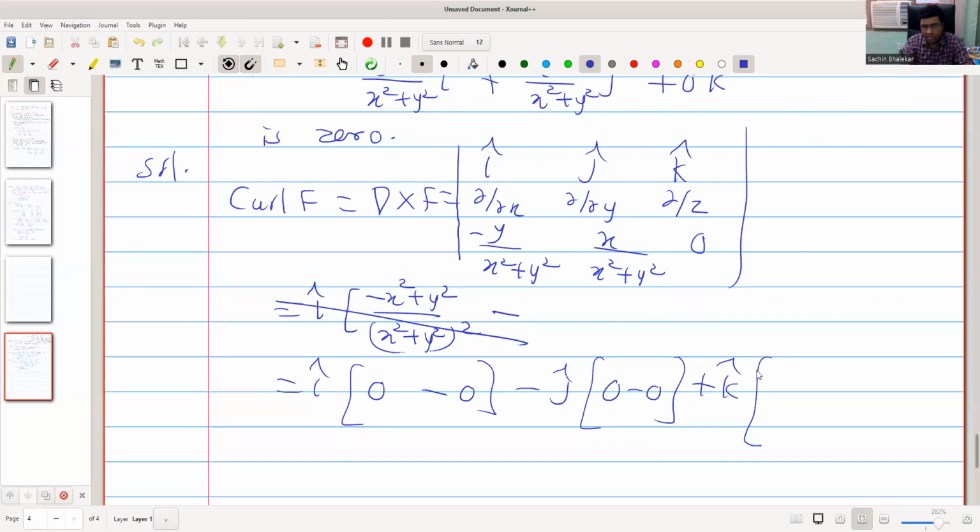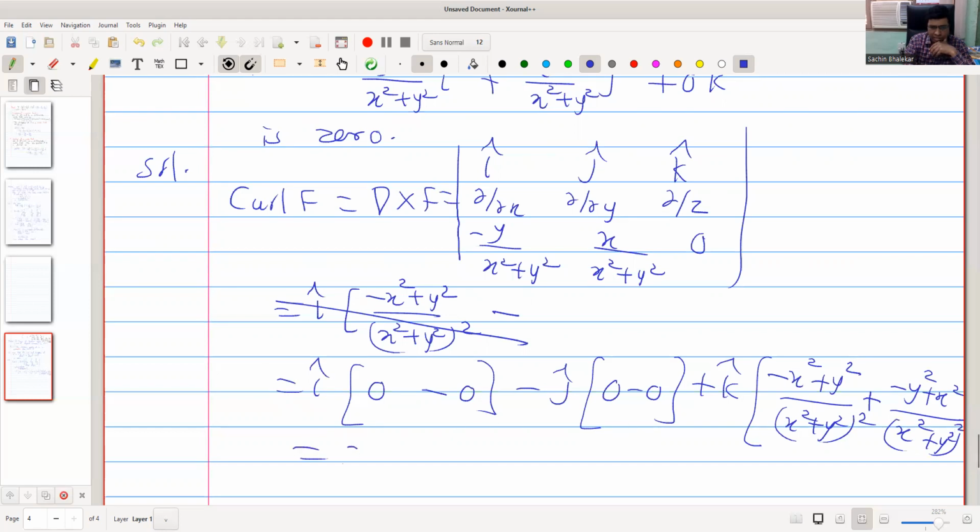So first thing is minus x square plus y square upon x square plus y square bracket square, minus, there is a minus sign here, so this will be plus, and we get minus y square plus x square upon x square plus y square bracket square.